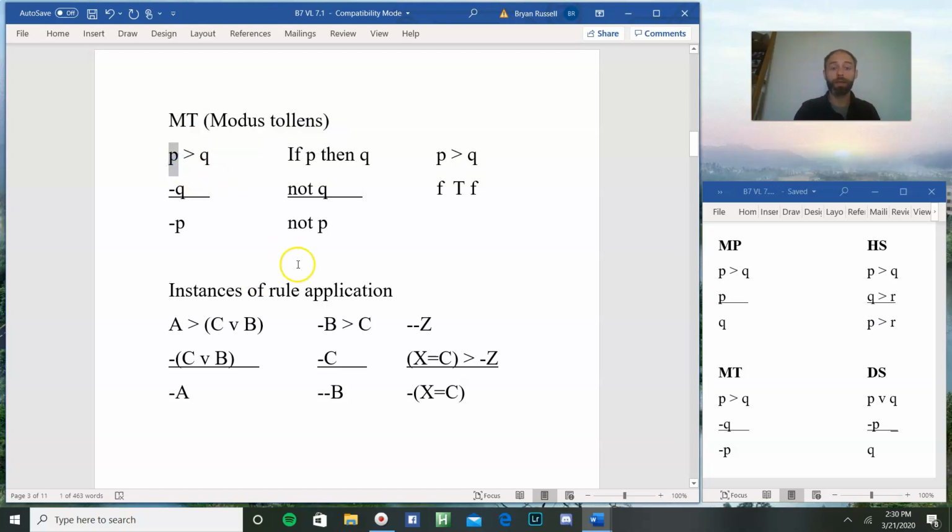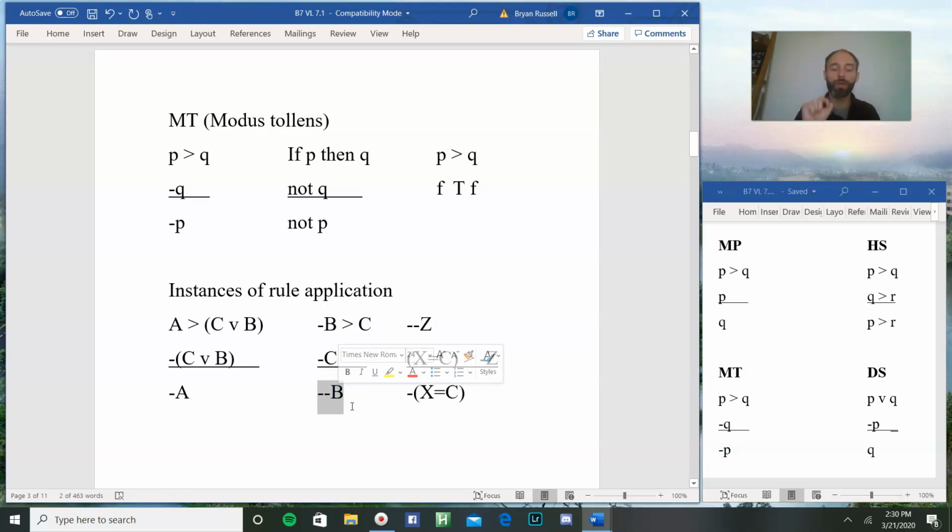So P, in this case, is tilde B. And Q, the consequent, is just C. So our rule tells us if we know that the consequent is not the case, so tilde C, then we know that the antecedent is not the case. So we have to add one additional tilde to that antecedent. So our antecedent here is tilde B. So we're going to need one additional tilde. So it's not the case that not B.